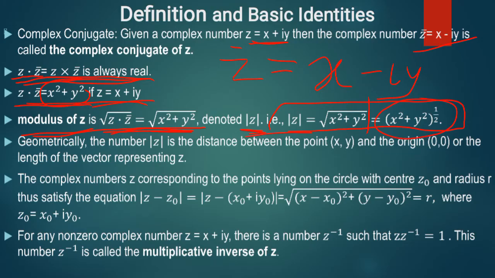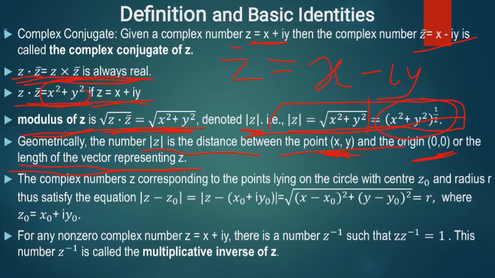So there's a formula for finding the modulus when you're told to find the modulus of a given complex number. Geometrically, the modulus is the distance between the point x, y and the origin. That's geometrically, if you want to see it in pictorial form. The modulus of a complex number is the distance between the point x, y and the origin, or it is called the length of the vector representing z.